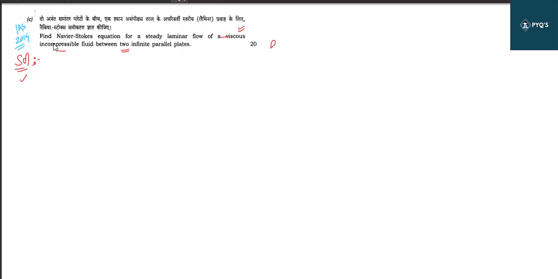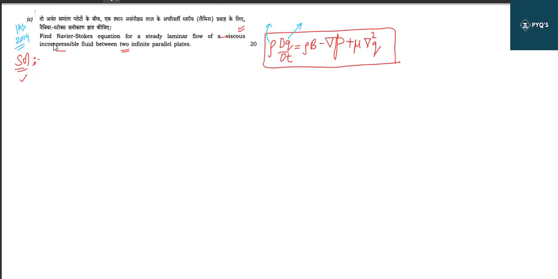It is given by rho dq by dt equals rho b minus the differential of the pressure term plus mu del square q. Rho is the density, q is velocity, b is the force term, p is the pressure, and mu is the coefficient of viscosity. So this is the Navier-Stokes equation.